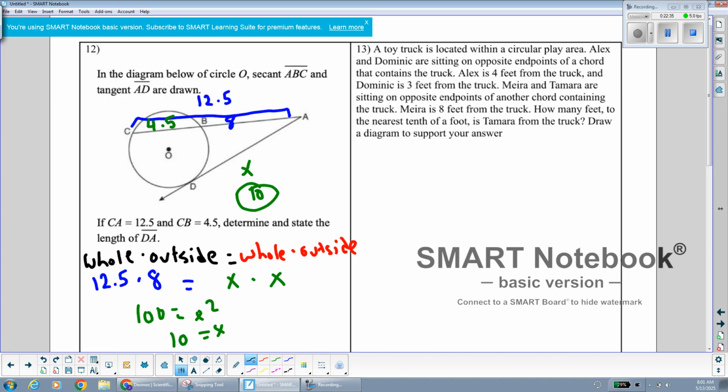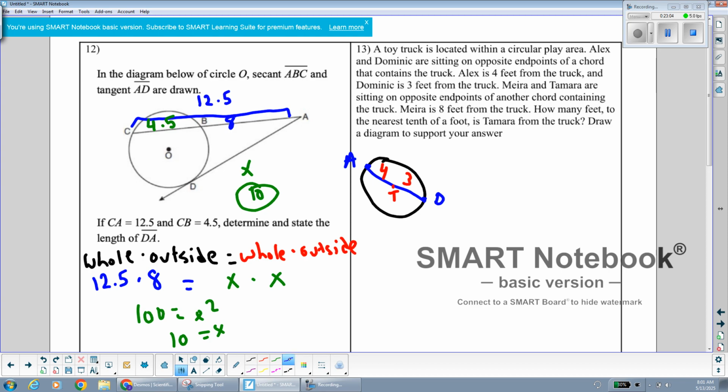A toy truck is located within a circular play area. Alex and Dominic are sitting on opposite sides of a chord that contains the truck. So I'll just put the truck in a red dot over here. I'll label it T. Alex is 4 feet from the truck, and Dominic is 3 feet from the truck.